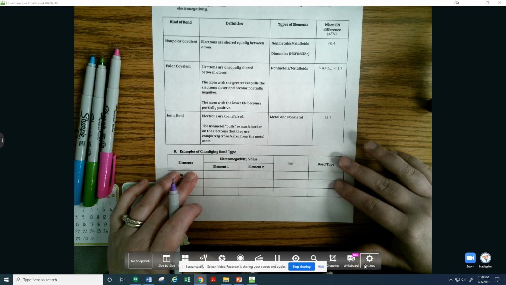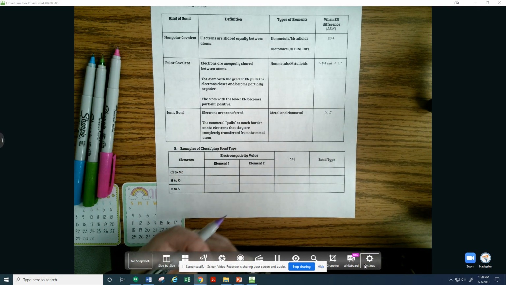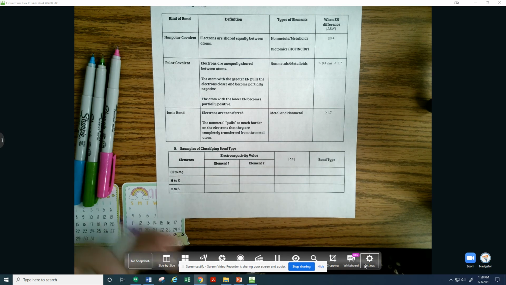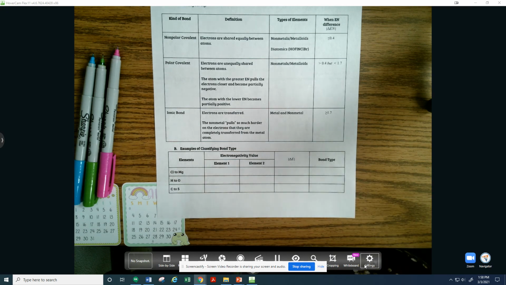Where these types of bonds and their properties come from is their electronegativity to get to their octet. So we have three types of bonds: ionic, covalent, and metallic.